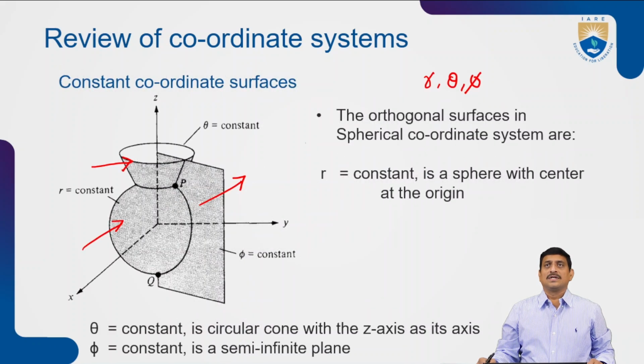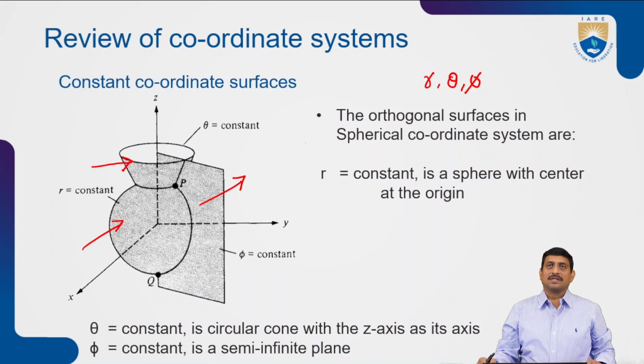And in the spherical coordinate system, the three mutually perpendicular constant coordinate surfaces are: r equal to constant is a sphere, theta equal to constant is a circular cone, and phi equal to constant is a semi-infinite plane. So a point in these three coordinate systems is the intersection of the mutually perpendicular constant coordinate surfaces.